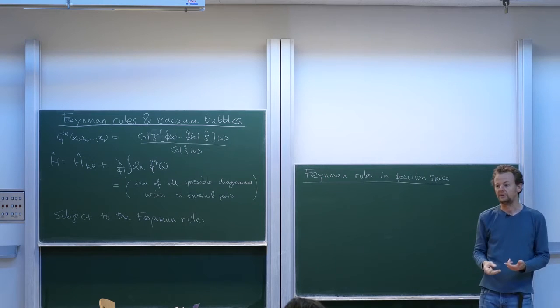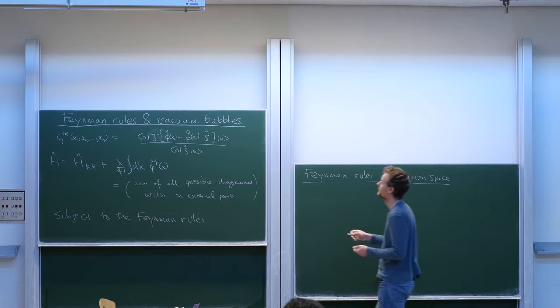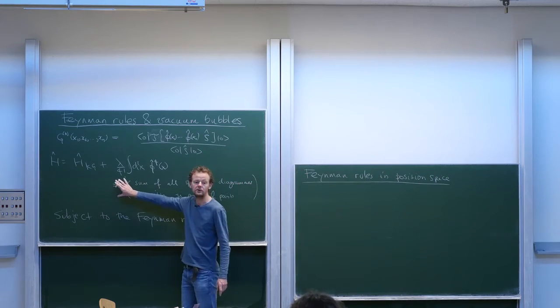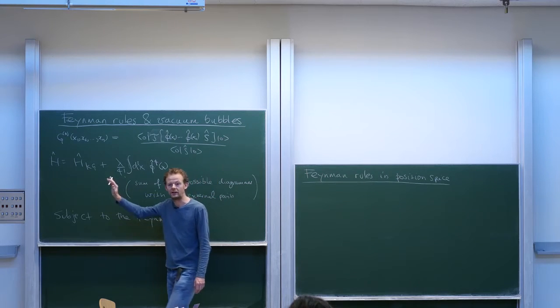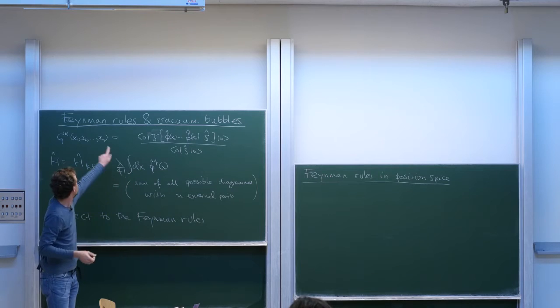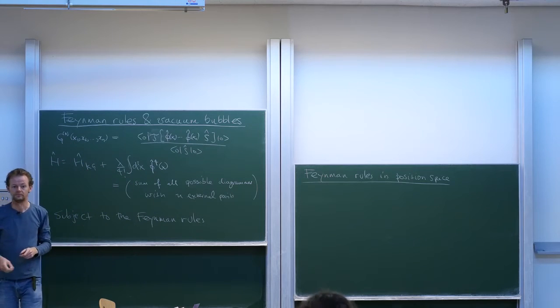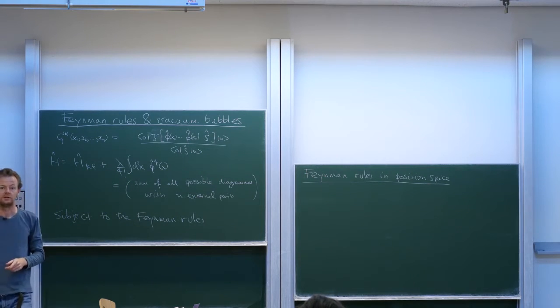Now, to be clear, I did not prove this statement in the previous lecture. What we did is a perturbation expansion to order lambda for a 2-point Green's function, and did not consider the case of n external legs at all, nor powers of lambda higher than 1.